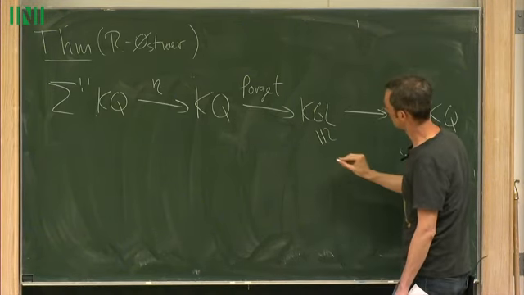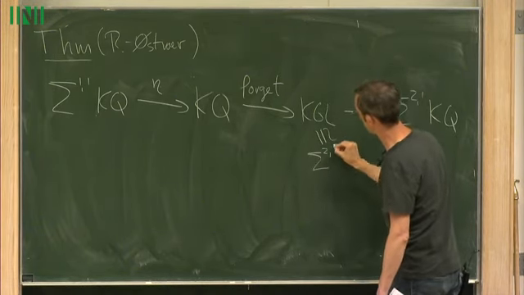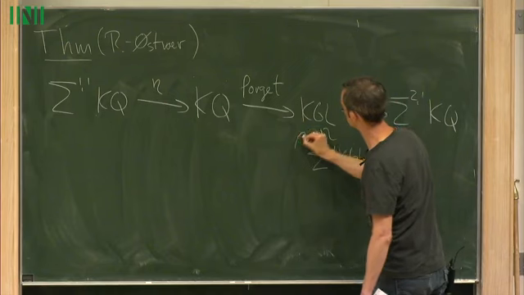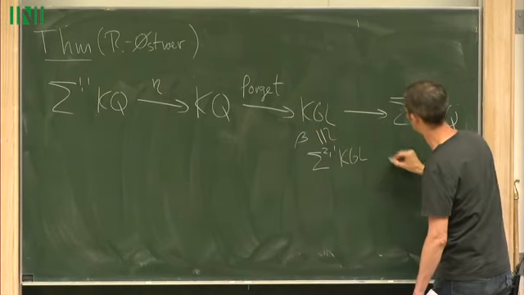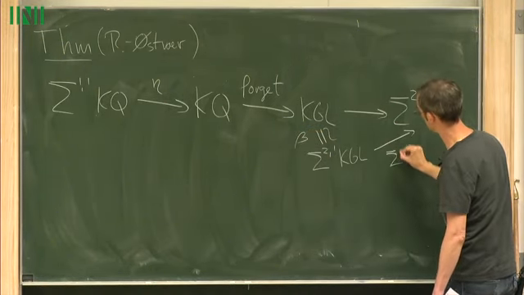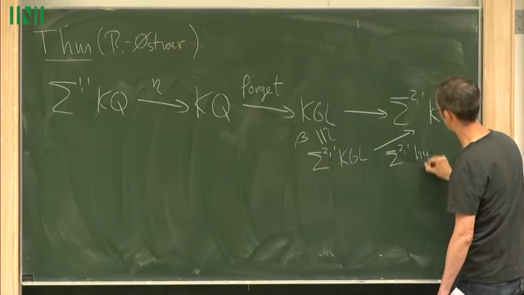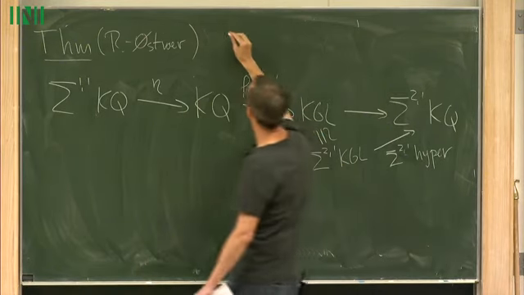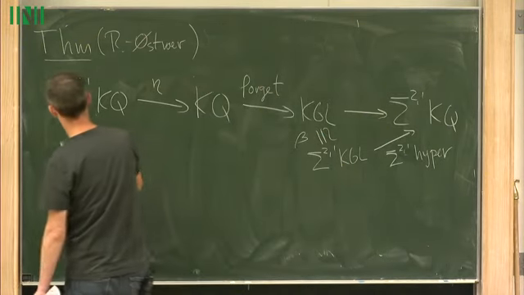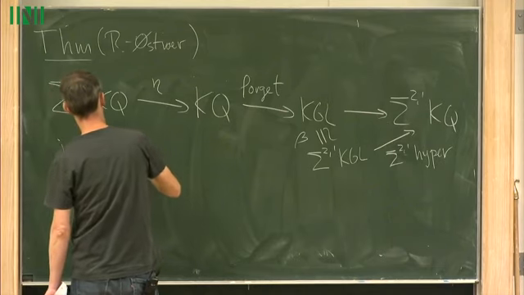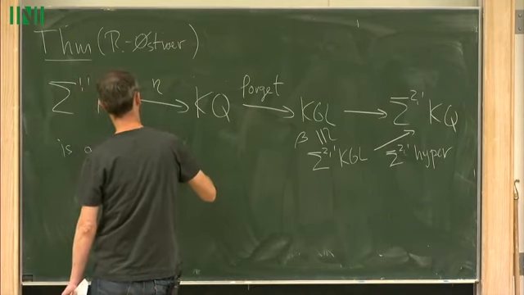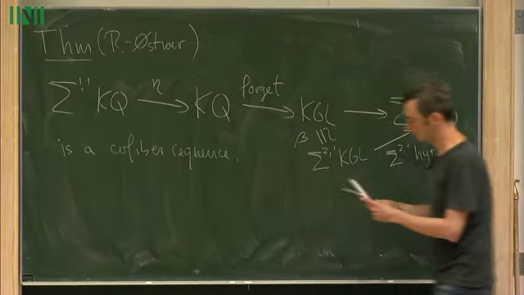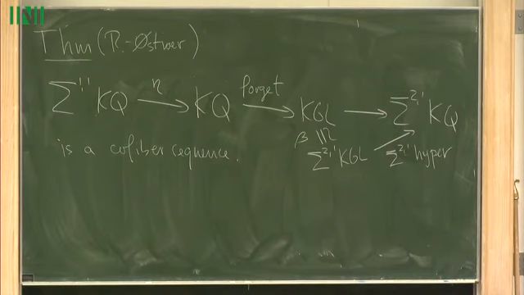So KGL is the same as its 2-1 suspension. So this is Bott periodicity, and this map here is the 2-1 suspension of the hyperbolic map. And this here is a co-fiber sequence. This will be the main input.